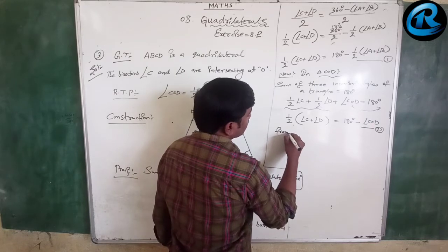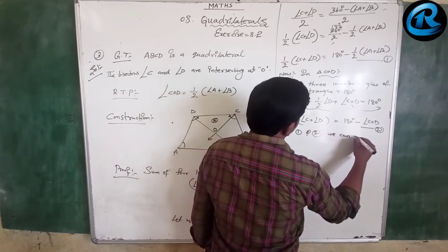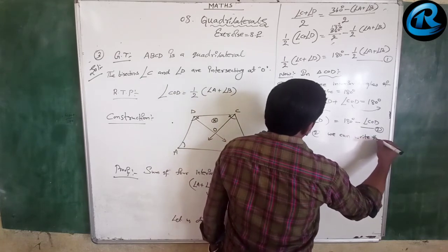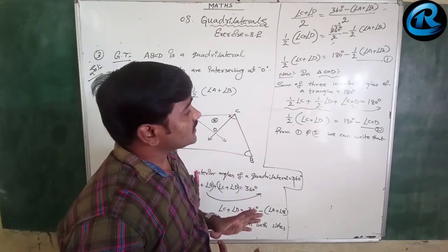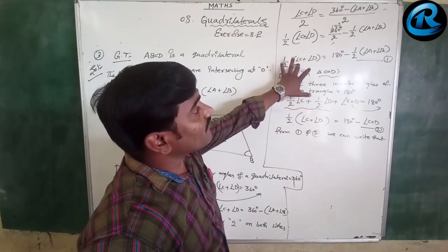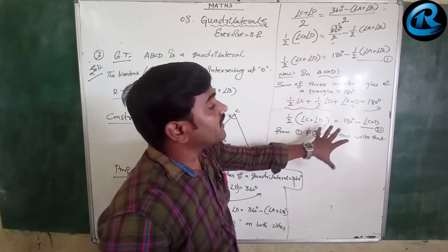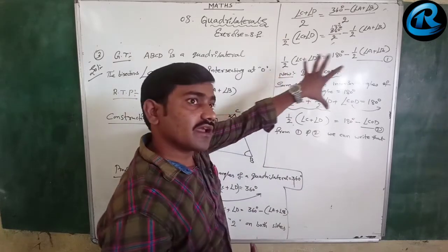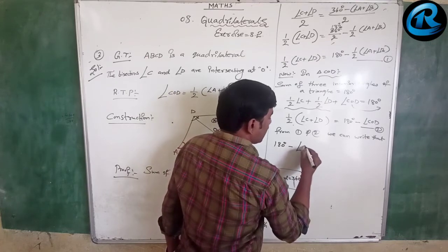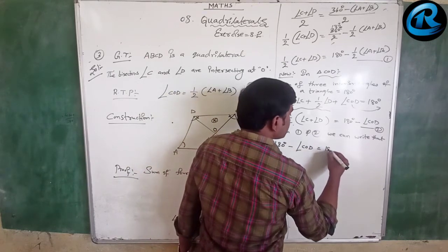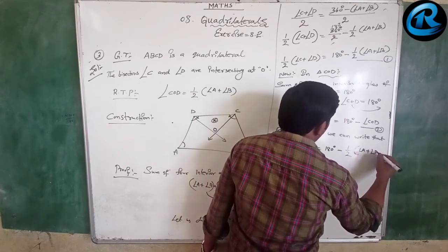From equation numbers 1 and 2, we can write that the LHS are equal: 1 by 2 of (angle C plus angle D) in both. So let us make the RHS equal. 180 degrees minus angle COD is equal to 180 degrees minus half of (angle A plus angle B).